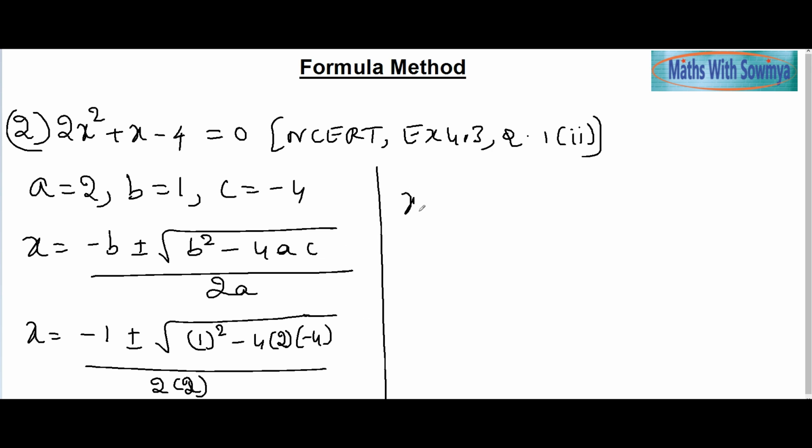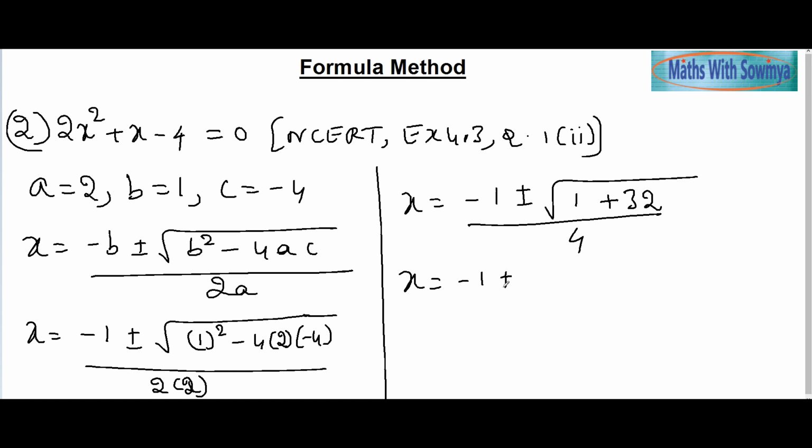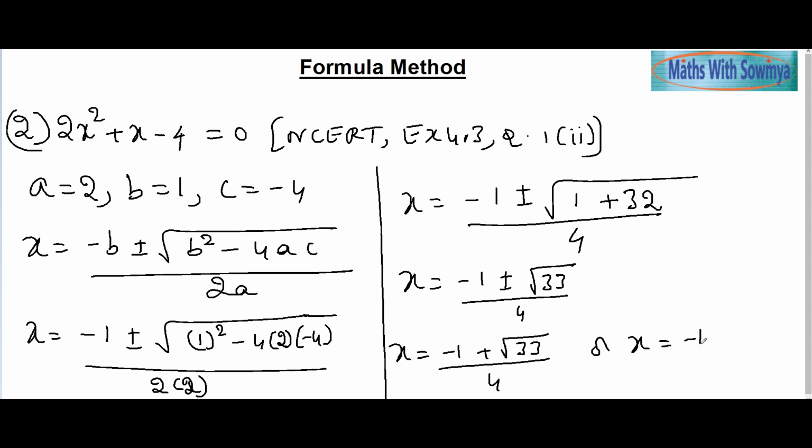So what we will get? x is minus 1 plus or minus, this is 1, 4 4s are 16, plus 16 into 2, 32. So plus 32, divided by 4. x is minus 1 plus or minus root 33 by 4. Therefore, x is minus 1 plus root 33 by 4 or x is minus 1 minus root 33 by 4.